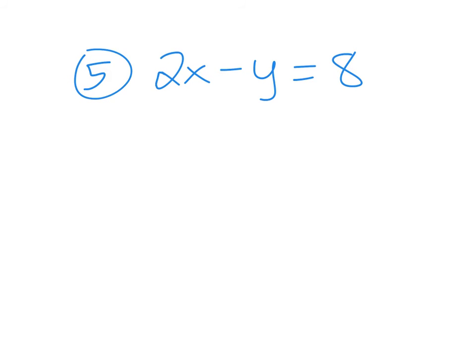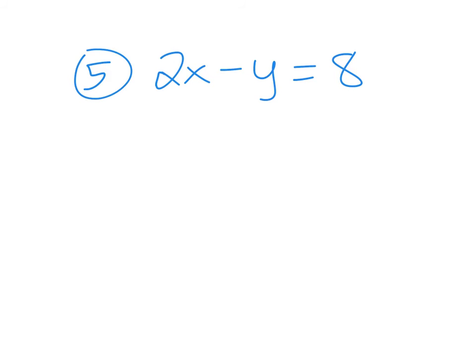On your own, number 5. Put this on your paper. We're going to graph this equation using intercepts. So we're solving for intercepts. 2x minus y equals 8. How do I solve for intercepts?